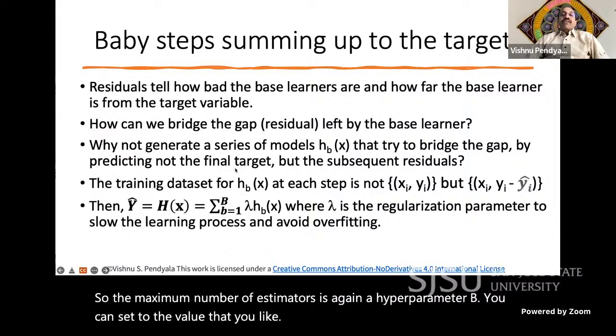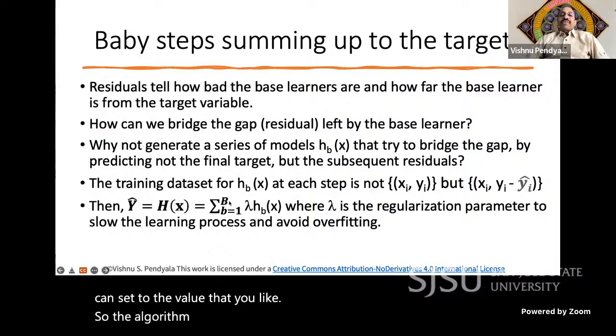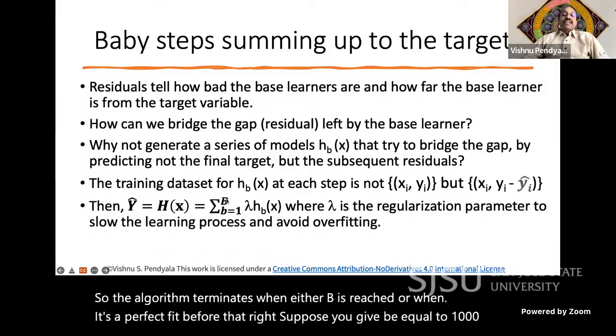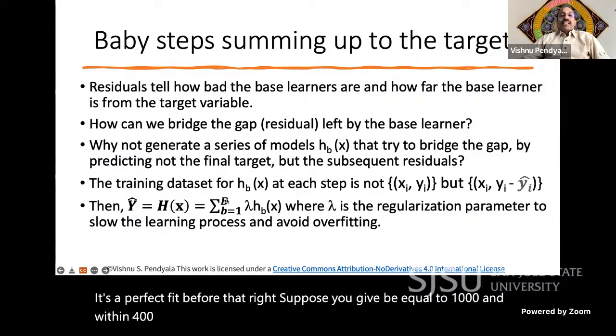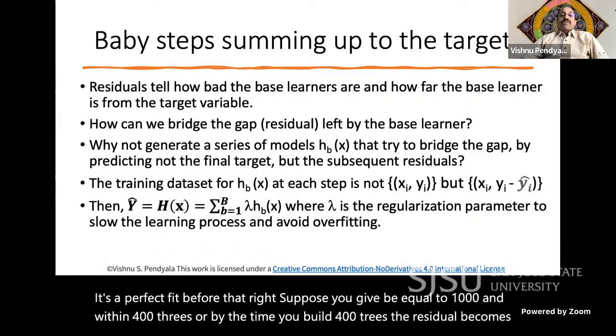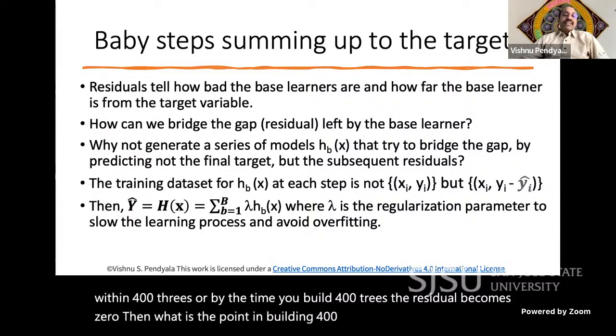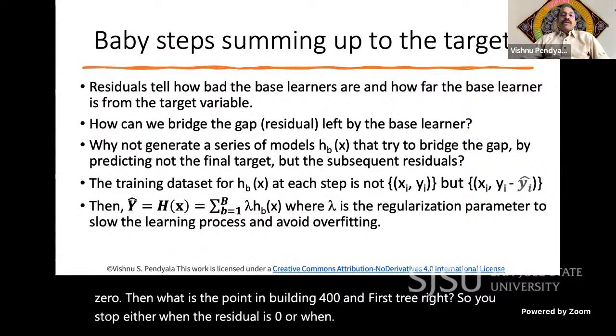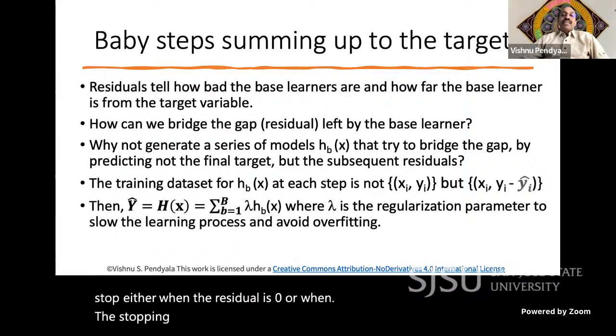The algorithm terminates when either B is reached or when it's a perfect fit before that. Suppose you give B equal to 1,000 and by the time you build 400 trees, the residual becomes 0. Then what is the point in building the 401st tree, right? So you stop either when the residual is 0 or when the stopping criterion, the number of trees B, is reached.